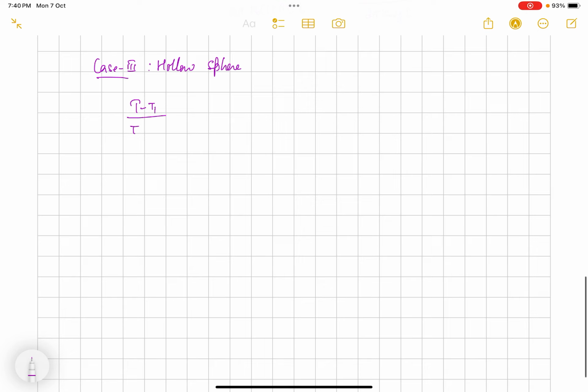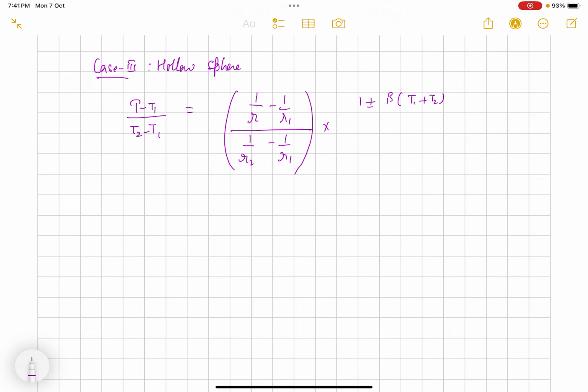So this is the temperature distribution for the hollow sphere, with (1 by R1 minus 1 by r) divided by (1 by R1 minus 1 by R2), this whole thing multiplied by [1 plus beta times (T1 plus T2) by 2] divided by [1 plus beta times (T1 plus T) by 2].